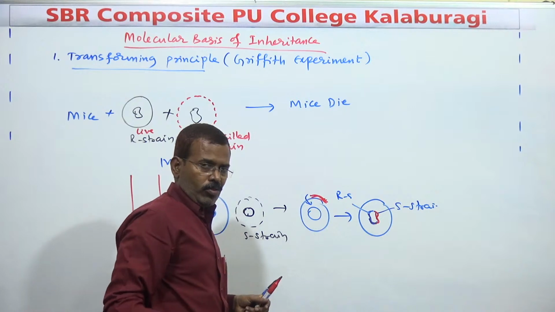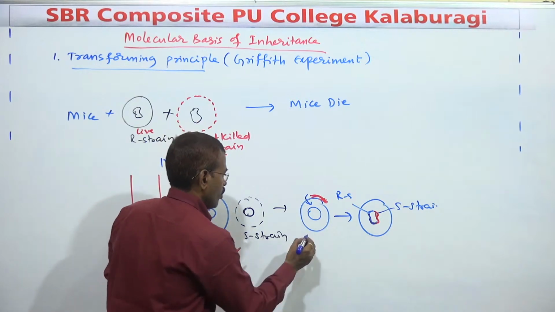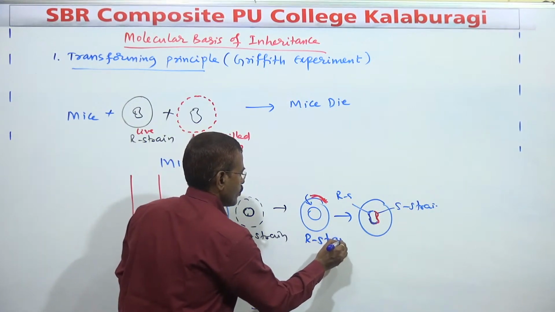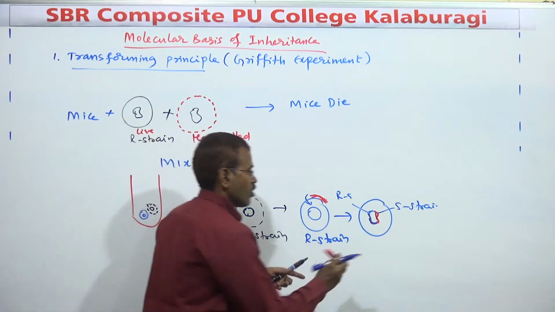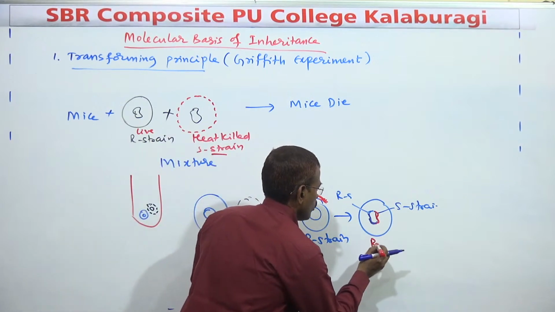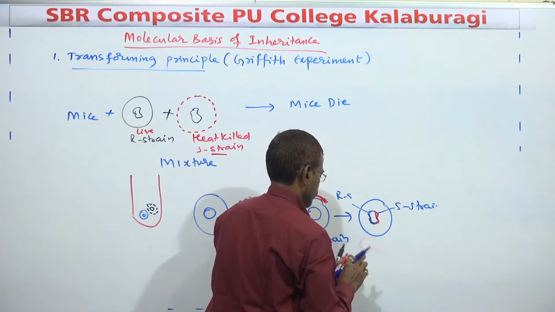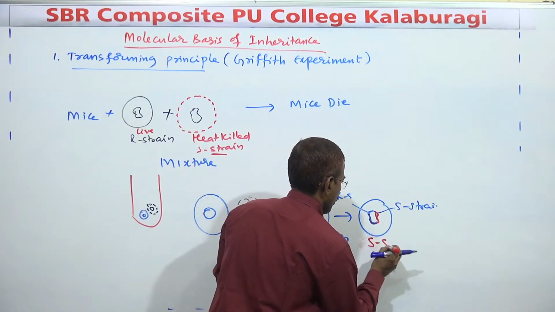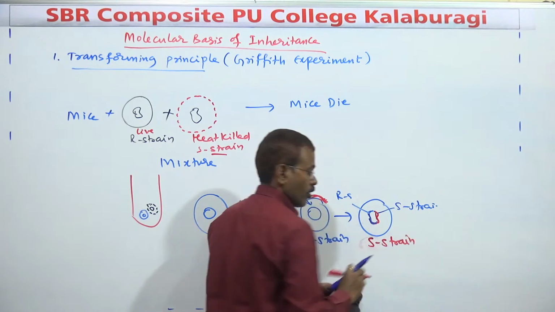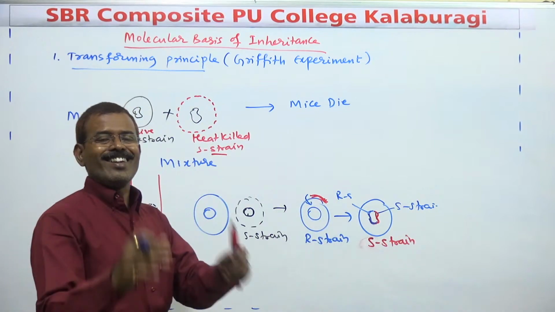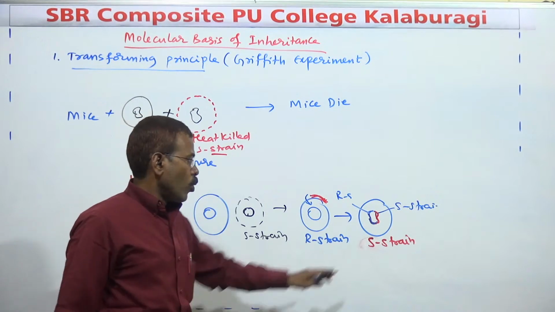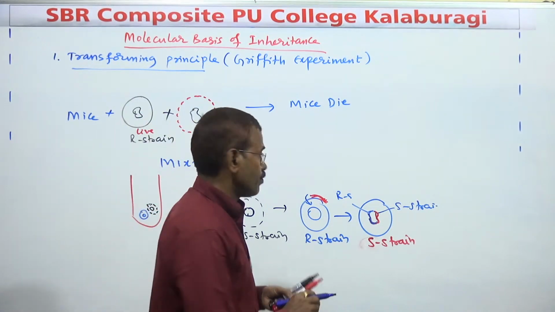Because of this, the R strain is transformed into smooth strain. So this is bacterial transformation. What is this bacterial transformation?